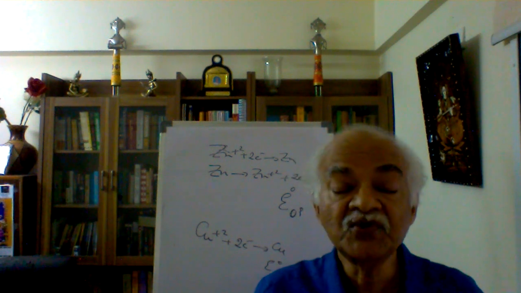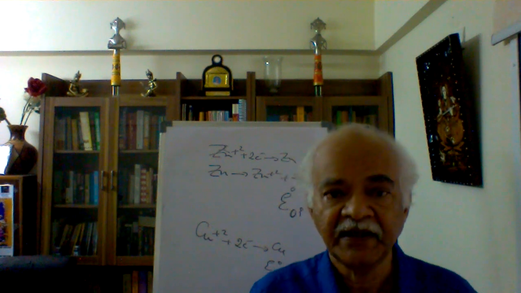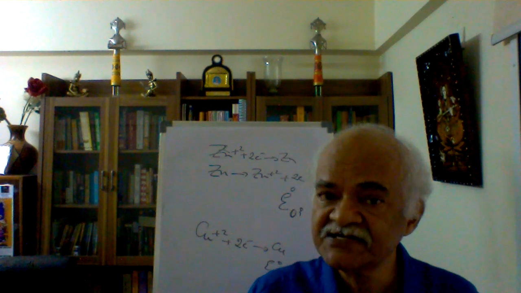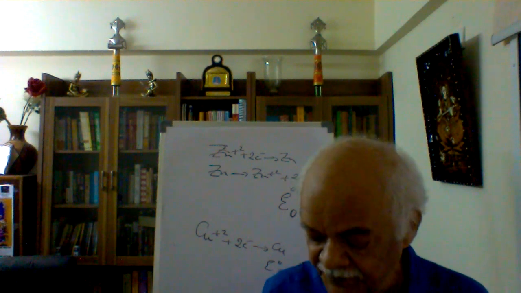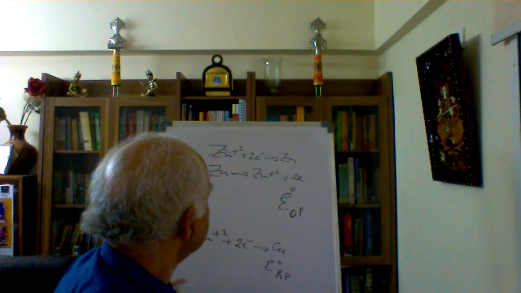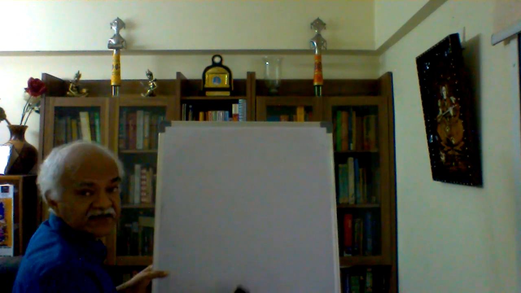In that case, how do you use that data? We'll talk in a few minutes. But fundamentally, I want to take up all half reactions as reduction processes. Now, I will give you some data here. For example, this particular zinc, or let us imagine I will take a still simpler example.